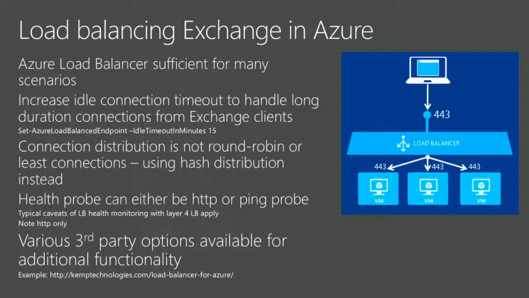It's using a hash algorithm to figure out which server will be the destination for a given connection. But it's doing a nice job of spreading connections out without session affinity, which is really the key for Exchange. We don't want session affinity when hitting those CAS endpoints, with very little configuration to get this up and running. It's just essentially built in. You're going and configuring endpoints for load balancing.